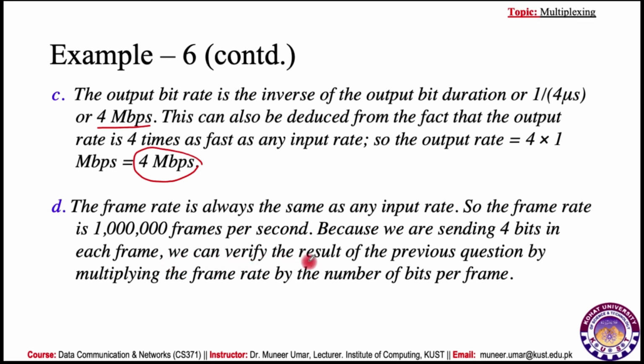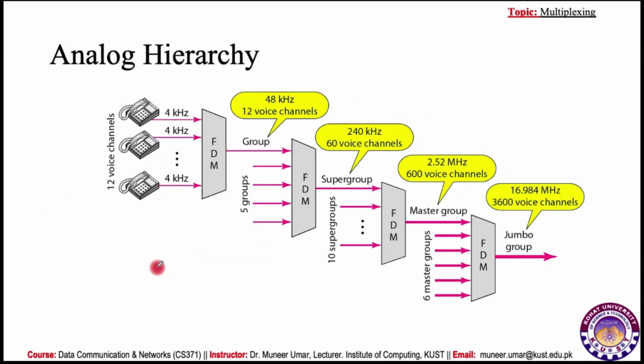We can verify the result of the previous question by multiplying the frame rate by the number of bits per frame. If we look into the previous question, this can be solved by taking the previous example.